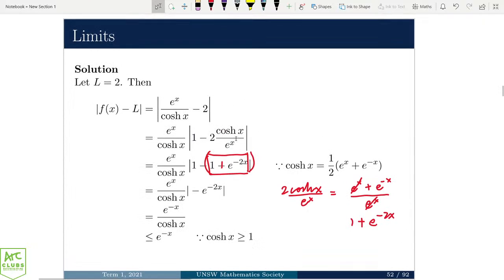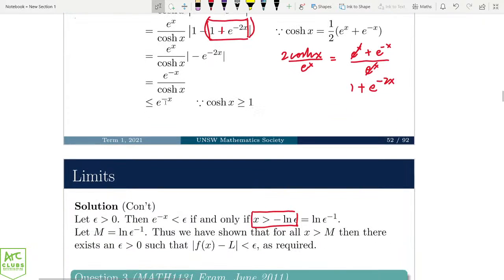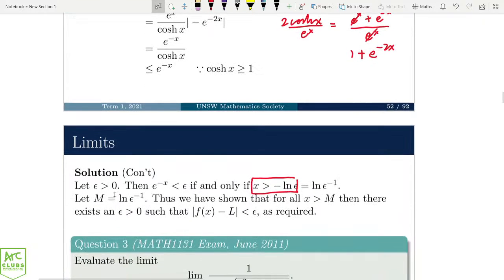So essentially, by doing all these calculations, what we're really trying to do is to find a relationship between our M and the epsilon, which is exactly what we got here.